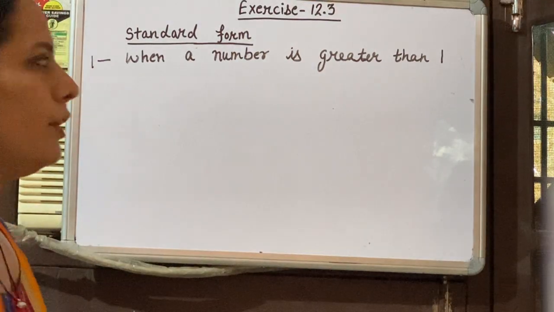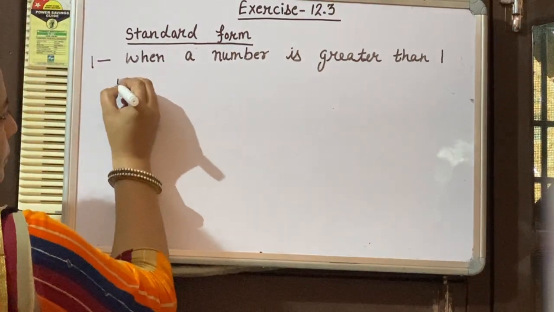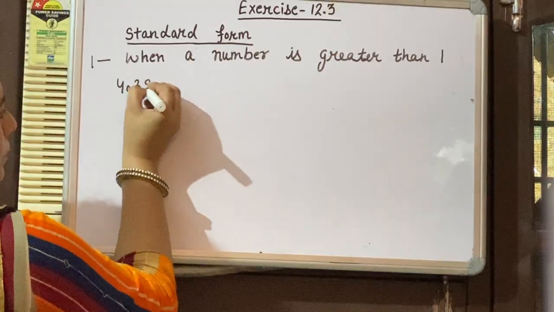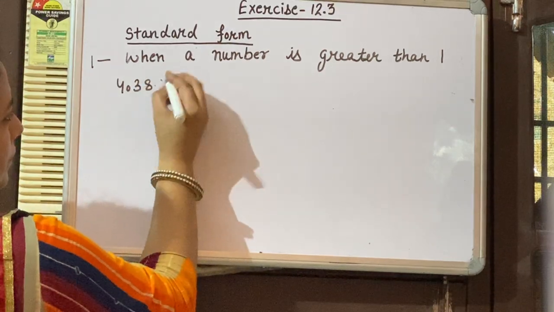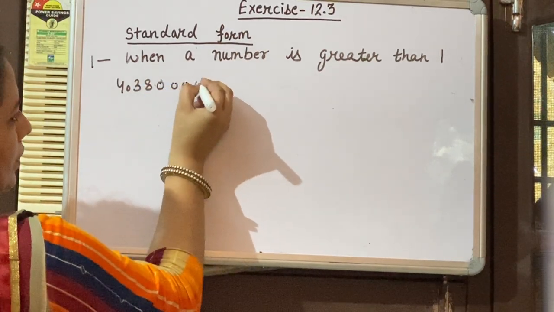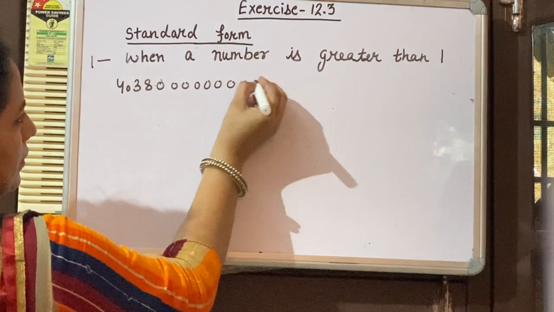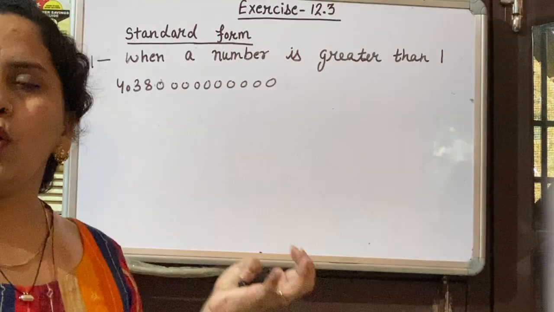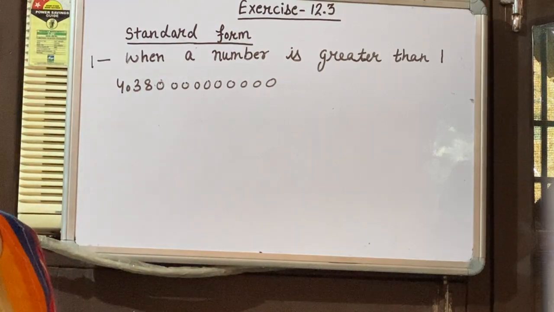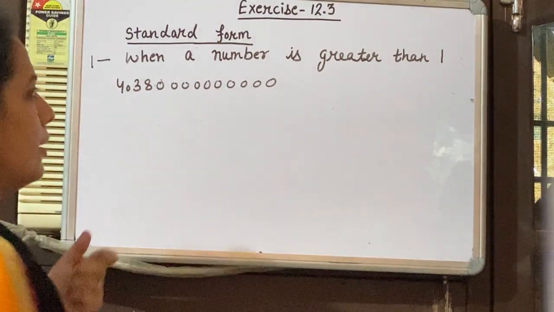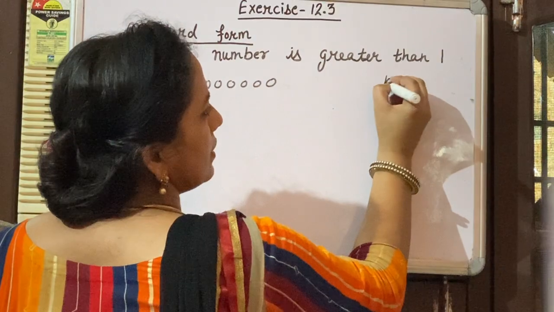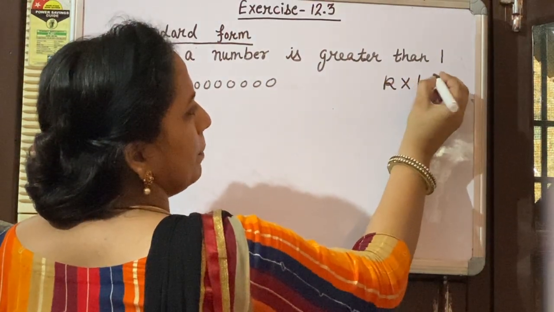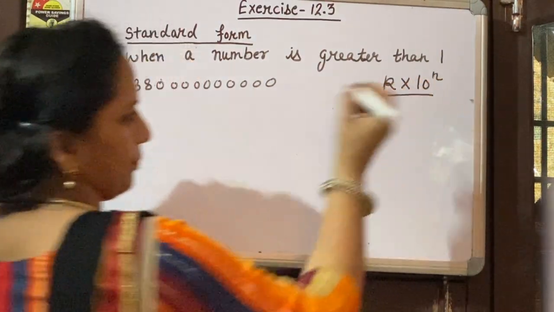For example, if we take a number, this number is greater than 1, also it is very difficult to read, but in standard form it will be so easy to read. We will change this number in this form.